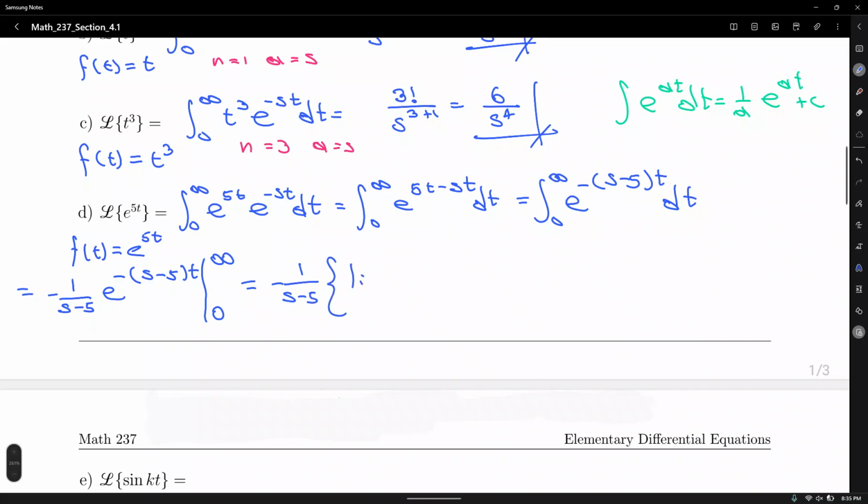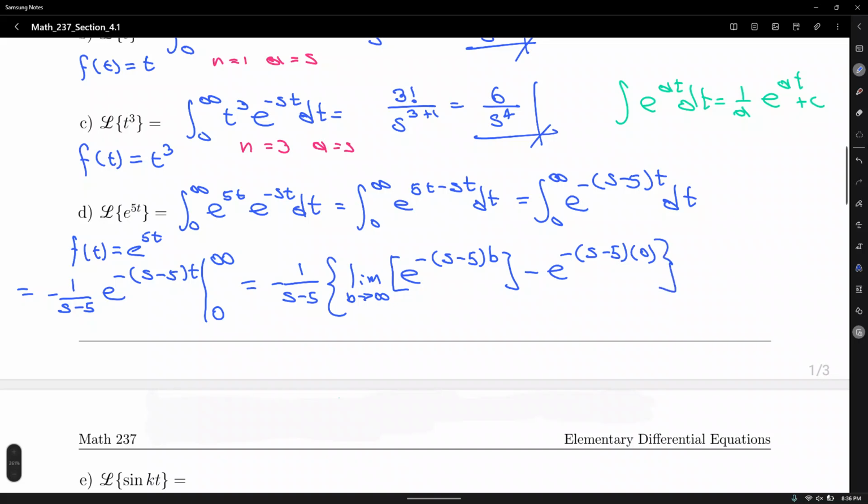I'm going to write this as a limit as b approaches infinity of e to the negative s minus 5 b. This is only for the upper limit, but for the lower limit we can directly substitute and evaluate at 0. That is e to the negative s minus 5 times 0. And close the curly braces.